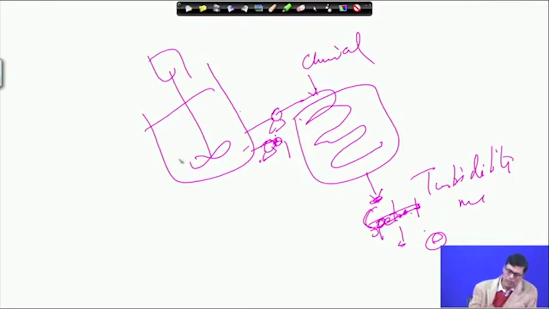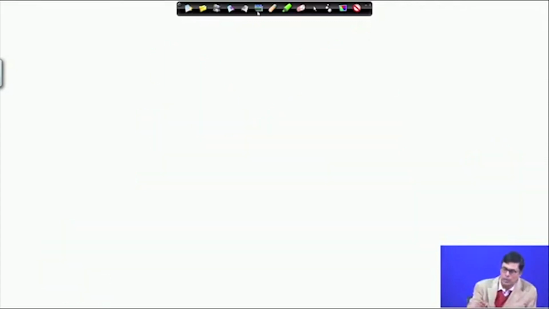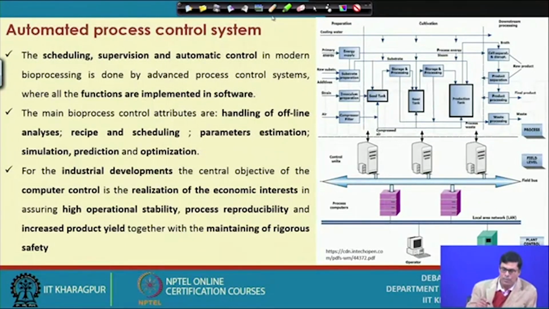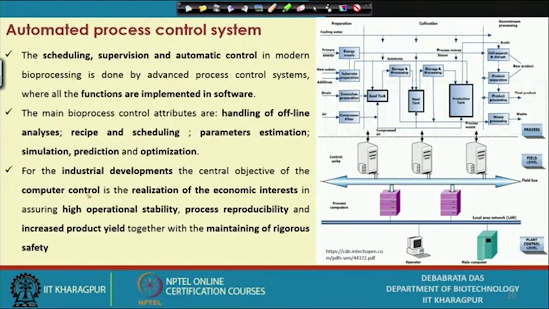Now, this we can do offline. You can draw the sample out and analyze here. You have a turbidometer, and in the turbidometer we can find out, and then on the basis of offline analysis you can take the material out. So two types of analyzing devices we have, one is online and another is offline.